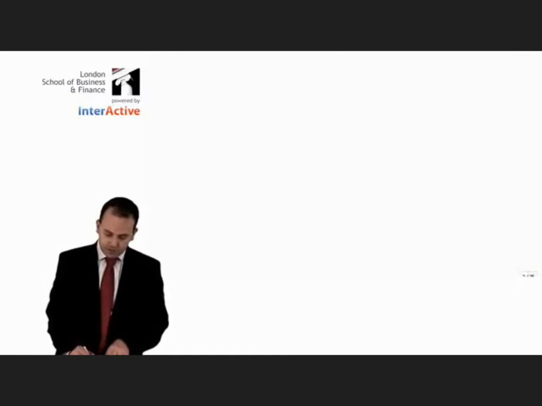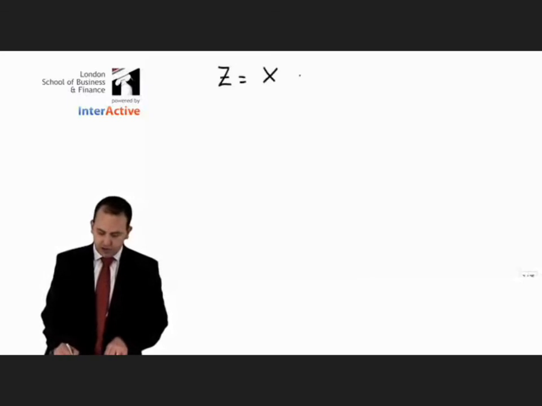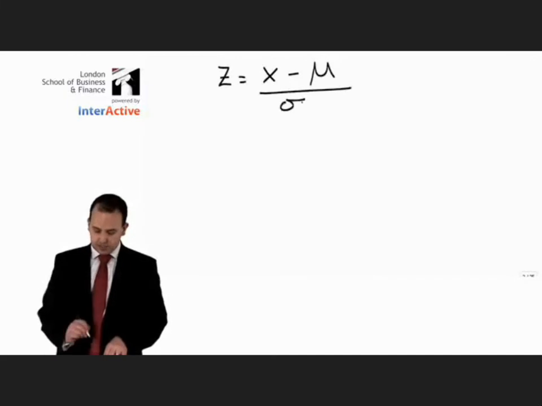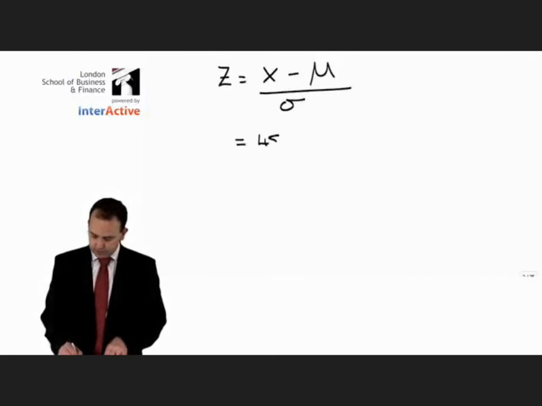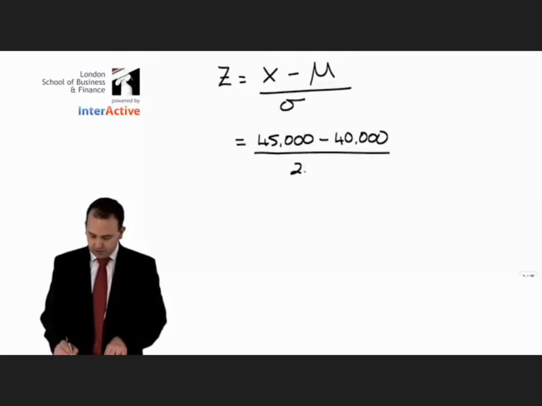So using that formula again, Z equals the figure that we are considering less the average divided by the standard deviation. This will give us 45,000 minus the average of 40,000 divided by 21,000.